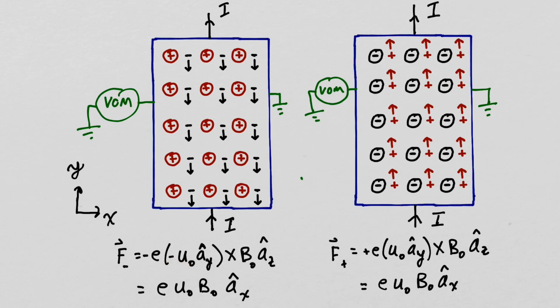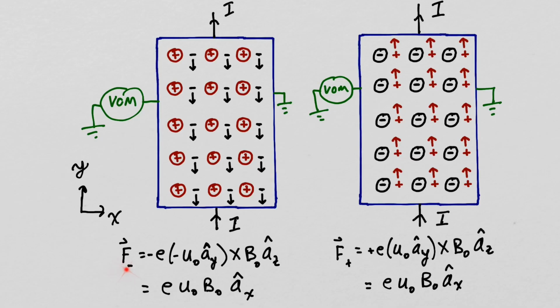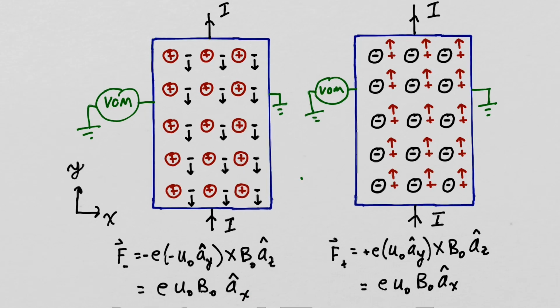We'll call the magnitude of the charge e, so if the conduction charges are negative, their charge will be minus e. So the force qu cross B becomes e u sub 0 B sub 0 in the x direction. So this force will push the electrons to the right, making the left side of the gold positively charged and the right side of the gold negatively charged.